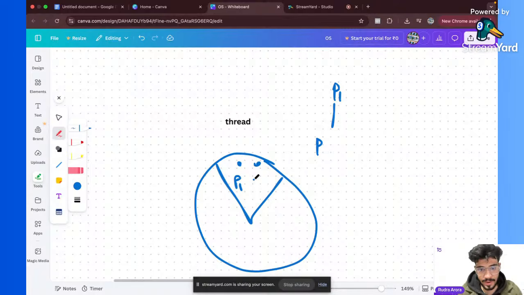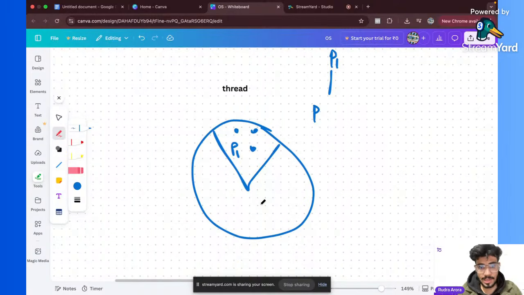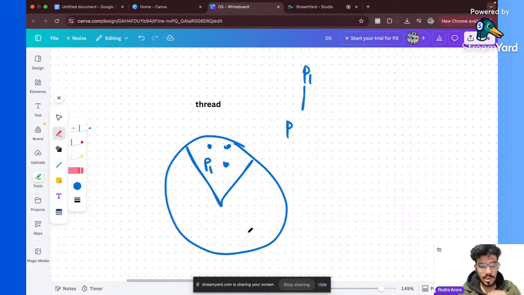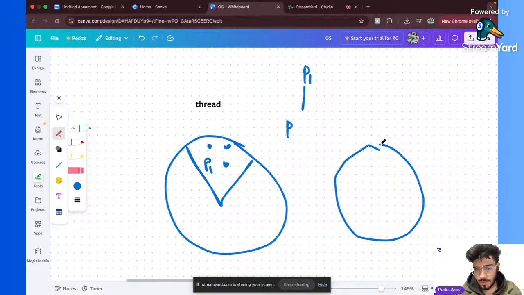The reason why multi-threading, meaning the running of multiple threads simultaneously, is better than multitasking is that, let me just draw, then it would be more clear to you.